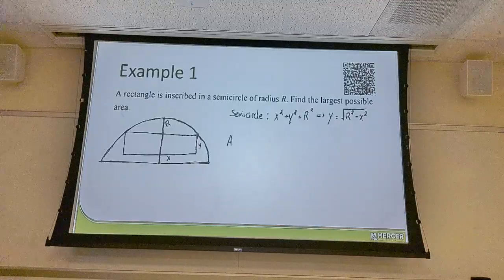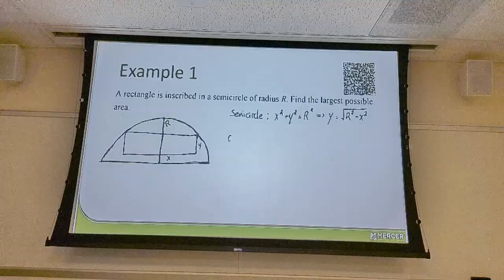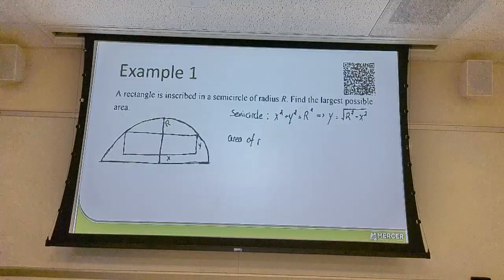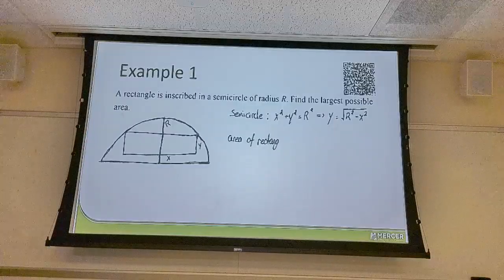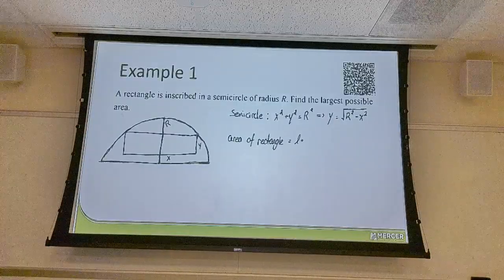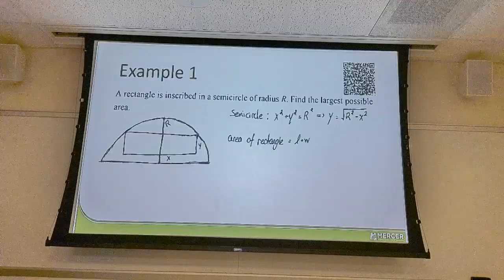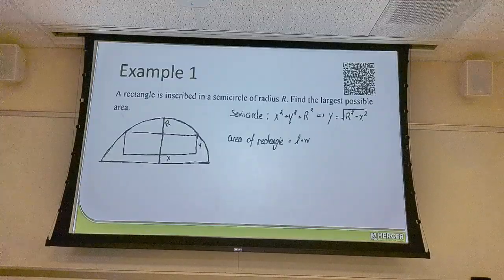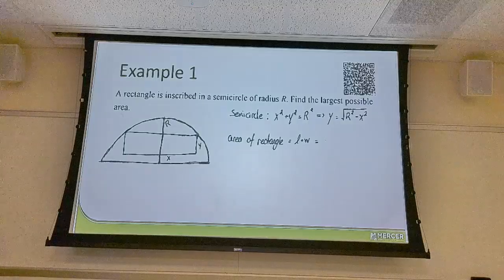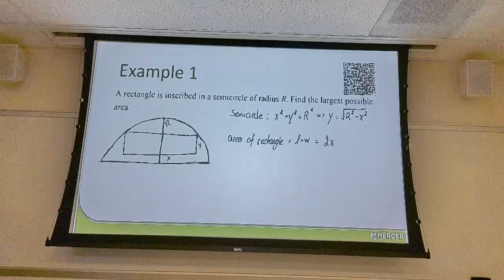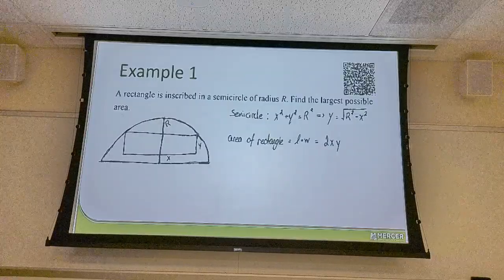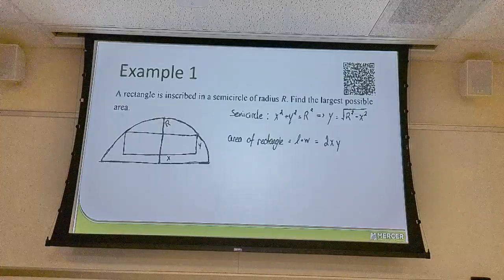How's the area of a rectangle defined? Should be 2xy.